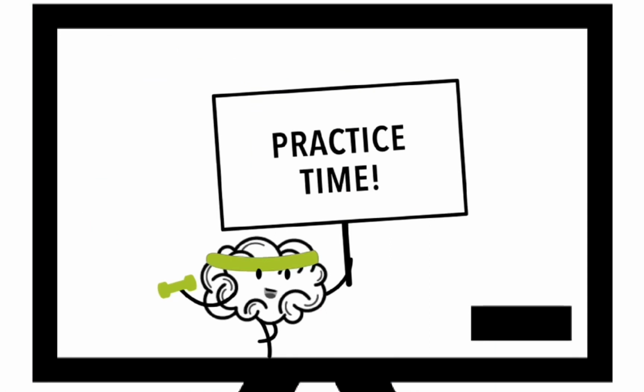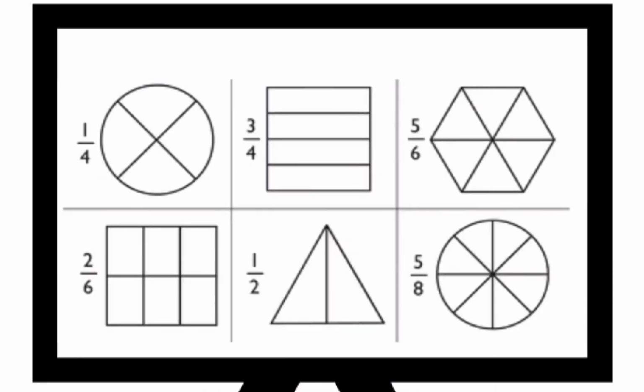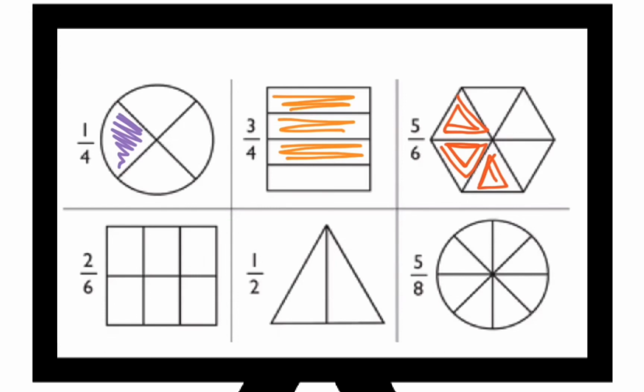Let's practice more. Here we have 6 exercises. Let's start. Number 1, they're asking us to shade 1 part out of 4. In the second one, they are asking to shade 3 parts out of 4. So we shade 3. On the third one, they are asking to shade 5 parts out of 6. 1, 2, 3, 4, and 5.